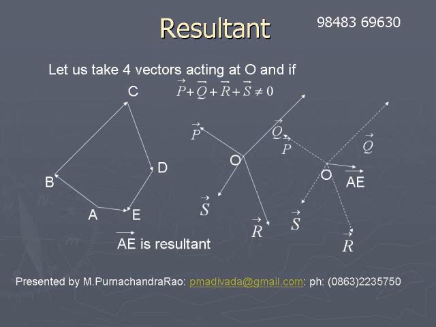To understand this, if P bar, Q bar, R bar, S bar are forces, then the effect produced by these four forces is produced by a single force AE bar.